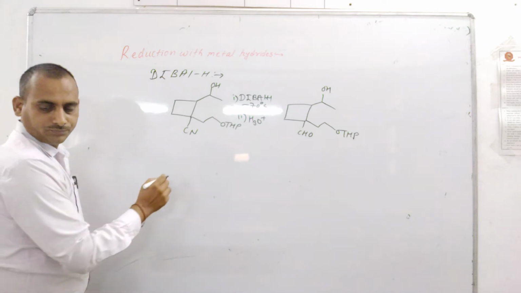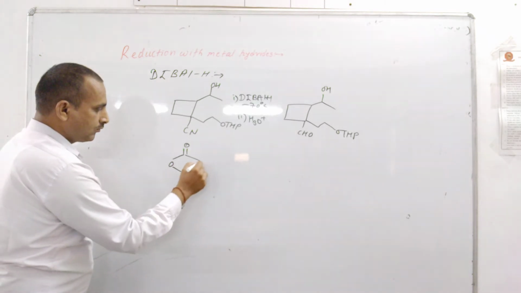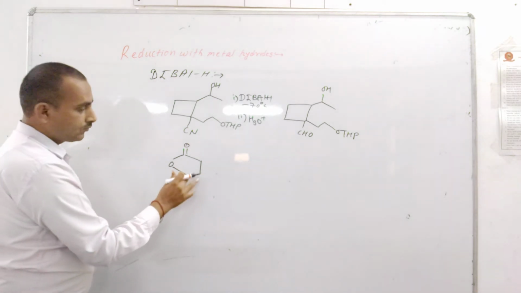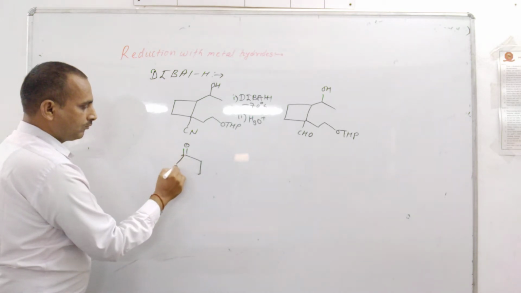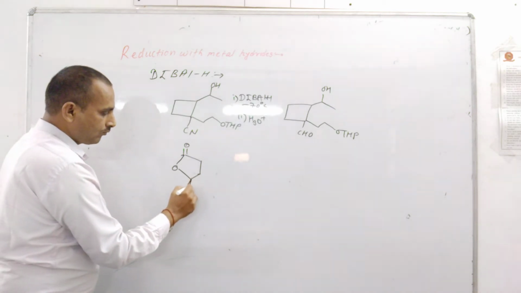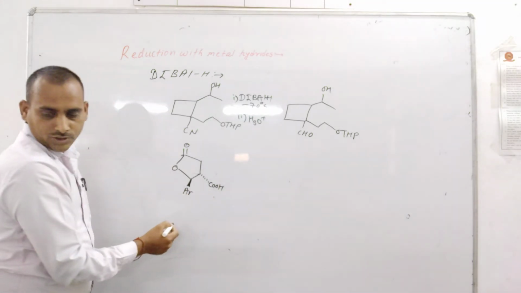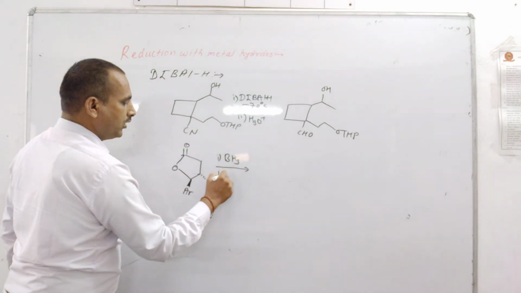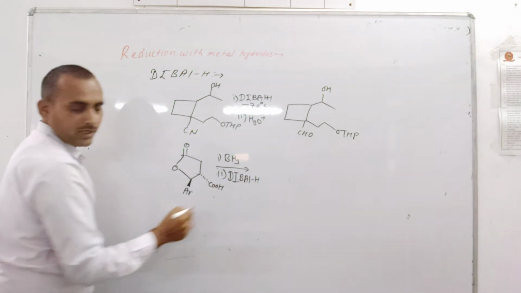Another example, ArCOOH. So first BH3 borane, and second is diisobutyl aluminum hydride.